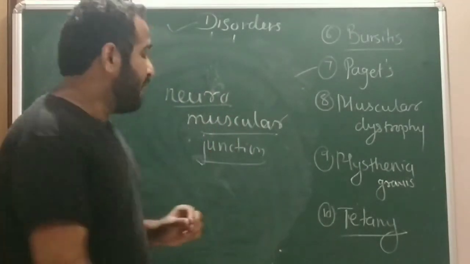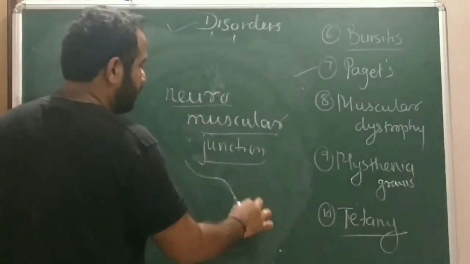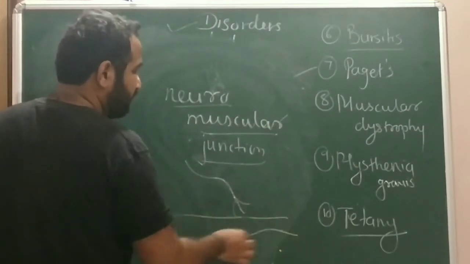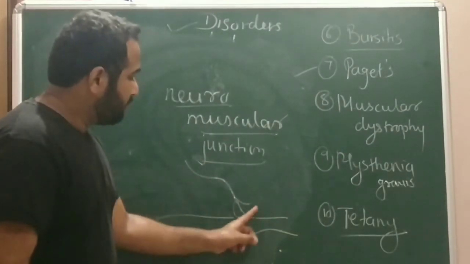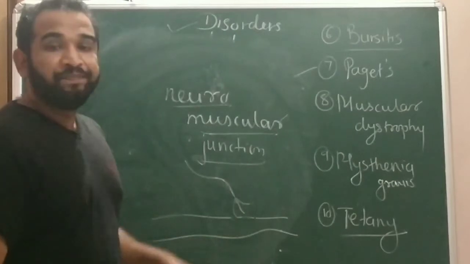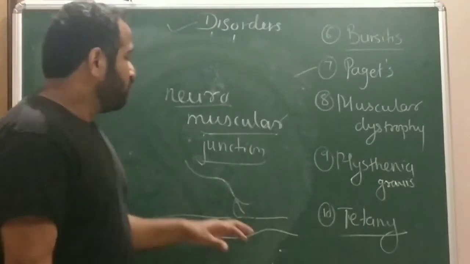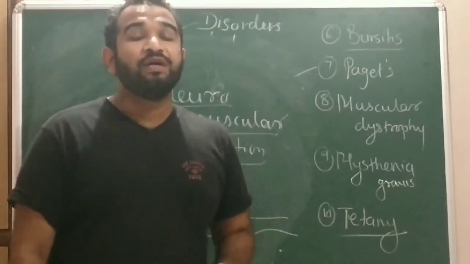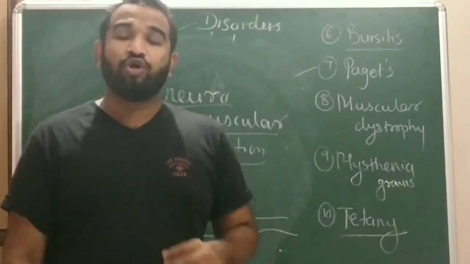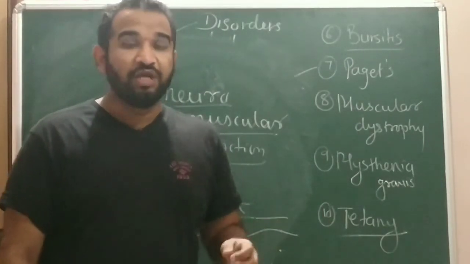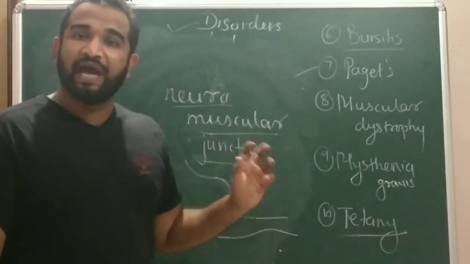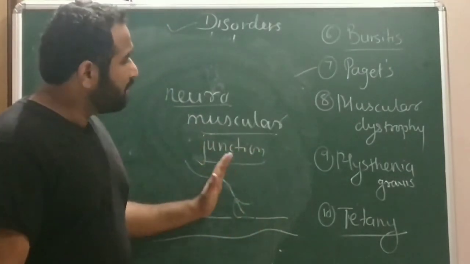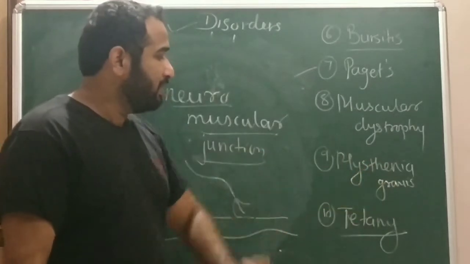We all know that a neuron is in contact with the surface of the muscle, and that contact is called the motor end plate. Here the neuromuscular junction fails, because of which the muscle fails to contract, and the disorder is called myasthenia gravis.